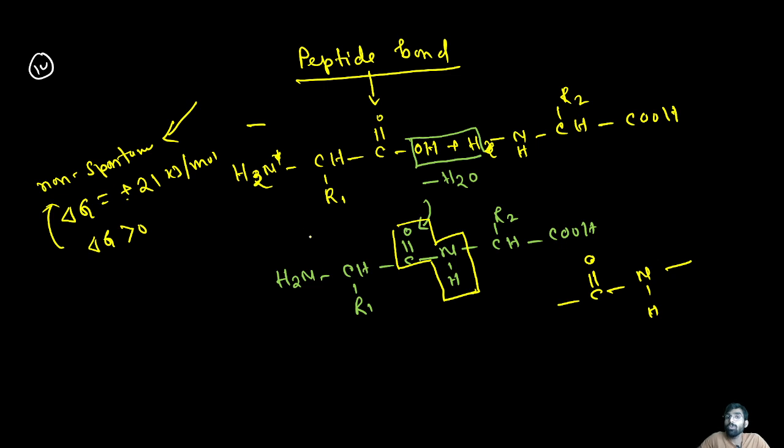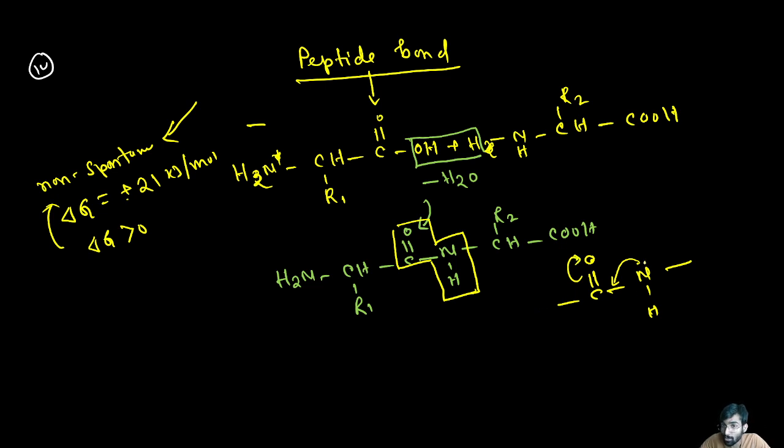Now we'll see a few characteristics of the peptide bond. The peptide bond seems to be a single bond only, right? But if you see it carefully, there will be resonance.